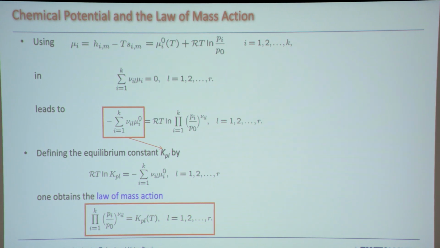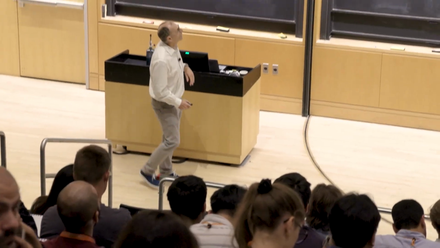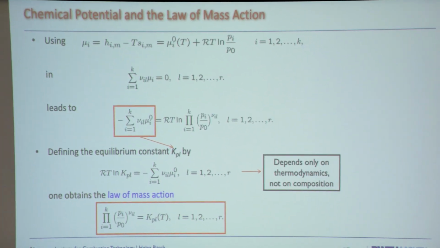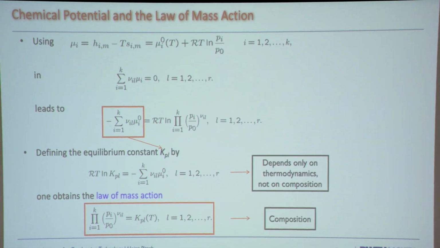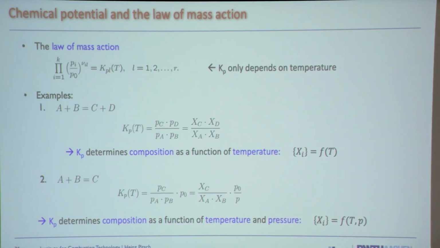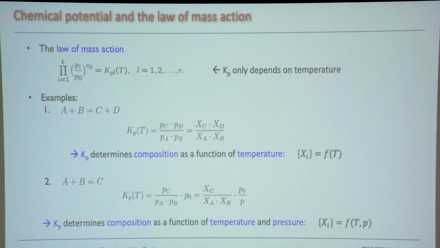That's very interesting. So if you have the temperature, you can compute the K. We know how to do this. I'll show you later on an approximation. And then once you have the K, it gives you a condition for the composition.